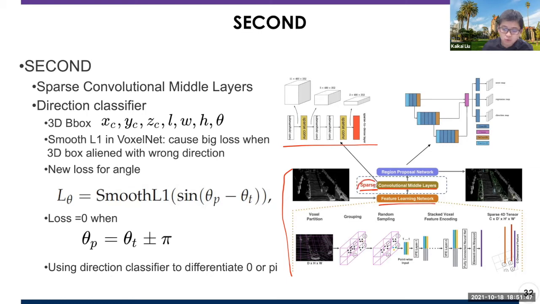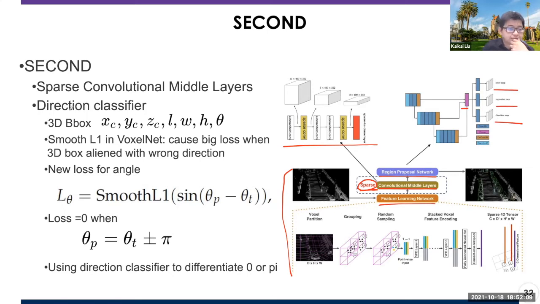We just know it's a sparse convolution operation. For the region proposal part, the backbone part is similar. Different array features are aggregated together, but they have three heads.